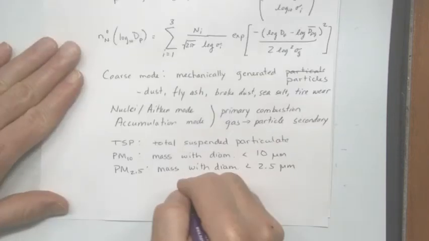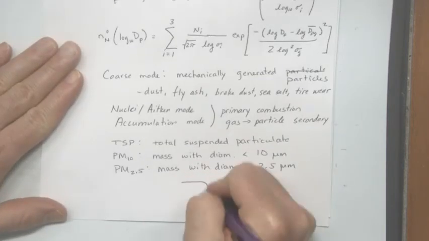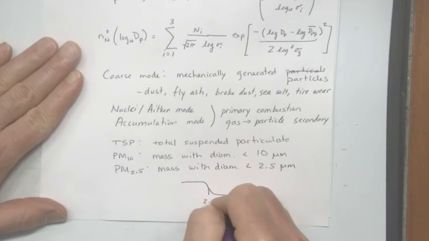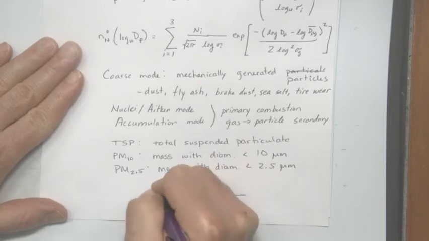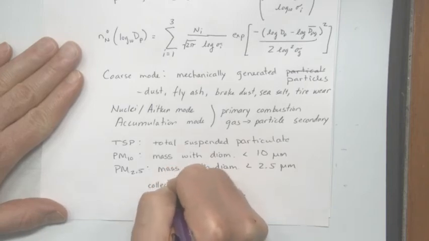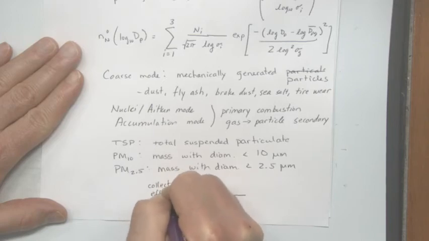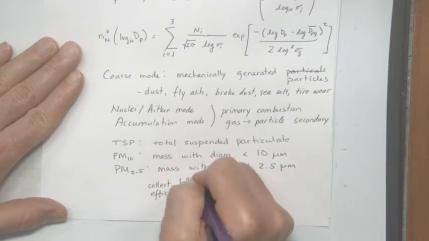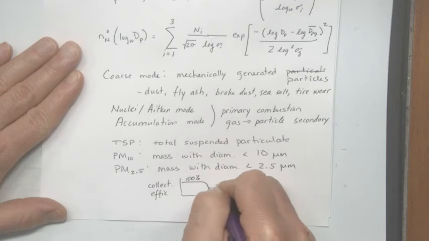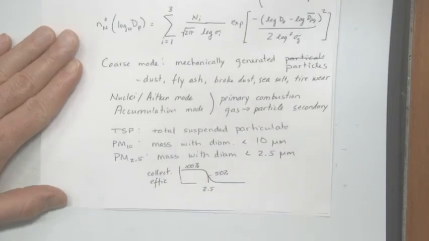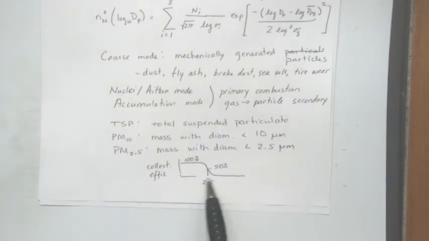So it's something like this, where this would be 2.5 and this would be your collection efficiency. This would be 100%, 50%. A lot of effort goes into designing sharp cut samplers.